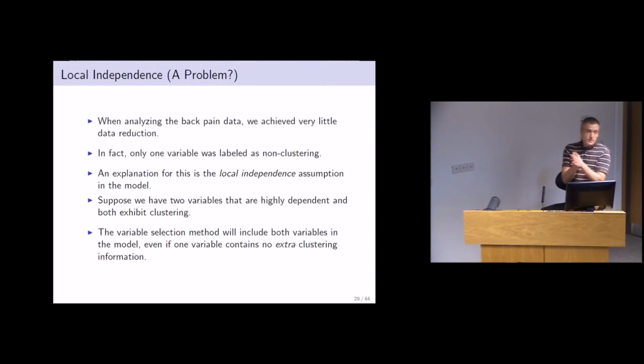So if you have two variables that contain the exact same information about the clusters in the data, both of them will be included, because each variable has a different prevalence across the different groups.